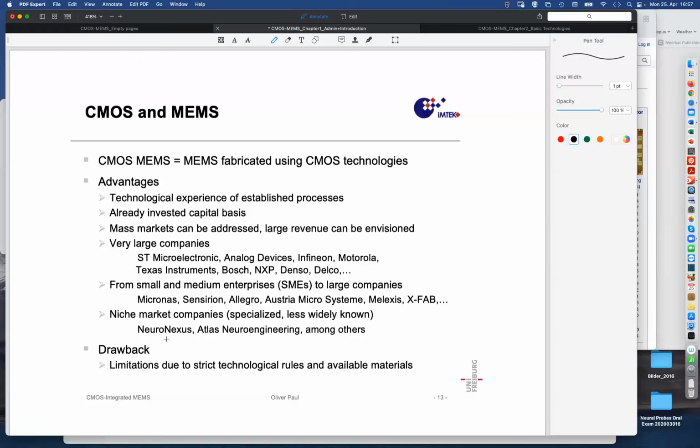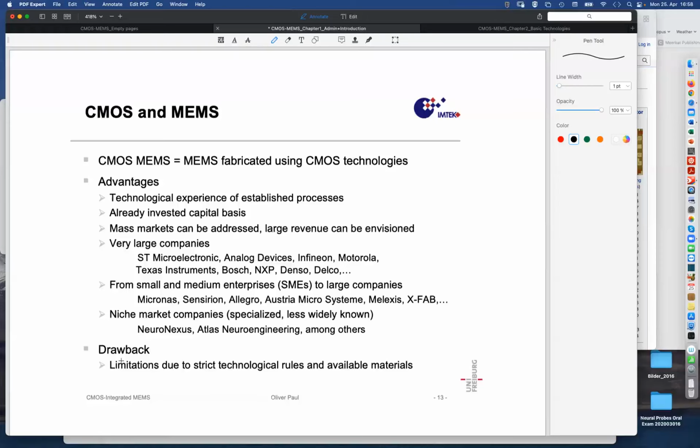This is a research market, by a dedicated group of researchers who use those probes to resolve biological questions having to do with the health of the brain and the working of the brain and therapies related to those mechanisms. So there's a number of companies, and Atlas Neuroengineering actually is also a company that I helped co-found. There's a little subsidiary here in Freiburg in my lab. They do some work in this area here.